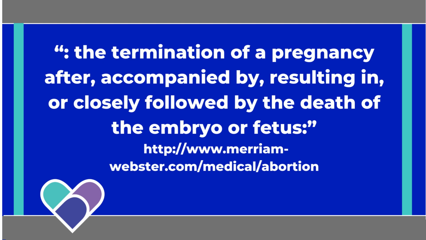So Merriam-Webster says abortion is the termination of a pregnancy, that is, the pregnancy ends, and it is accompanied by, resulting in, or closely followed by the death of the embryo or fetus. Well, the term abortion typically, in this context, has meant the ending of a pregnancy before 20 weeks.